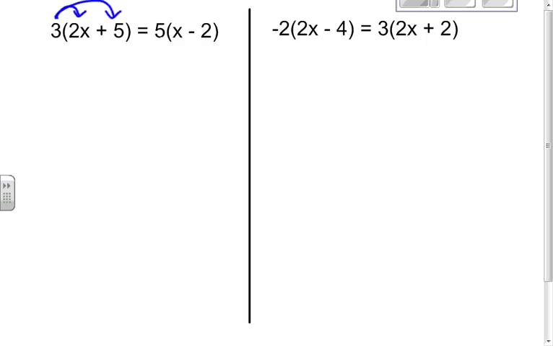So draw the arrows. 3 times 2x is 6x. 3 times 5 is plus 15. Equals, distributive property over here. 5 times x is 5x. 5 times negative 2.